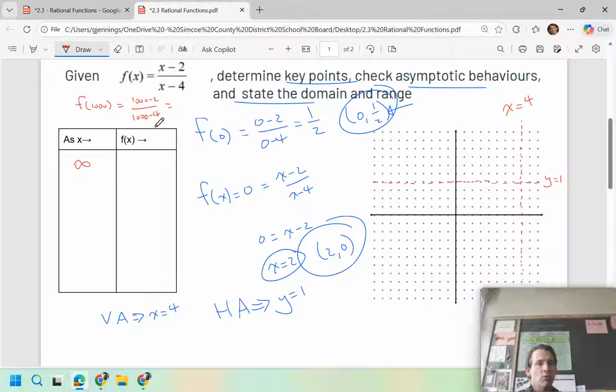Okay, that's equal to 998 over 996. Am I above 1 or below 1 there? Am I bigger than 1 or smaller than 1? Bigger than 1.